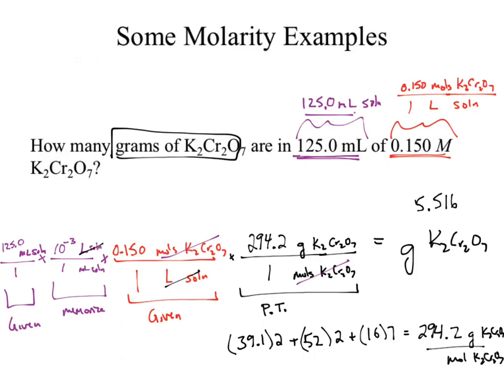Yeah, it does. Why is my answer wrong? The molarity was also given information, and how many sig figs are in that molarity? 3. The leading 0 doesn't count. Go back and check your sig fig rules. It's okay. 3 sig figs, which means the answer is not 5.516. It is 5.52. We have to round because that 6 was 5 or greater.